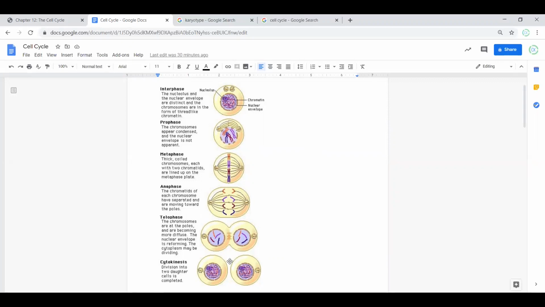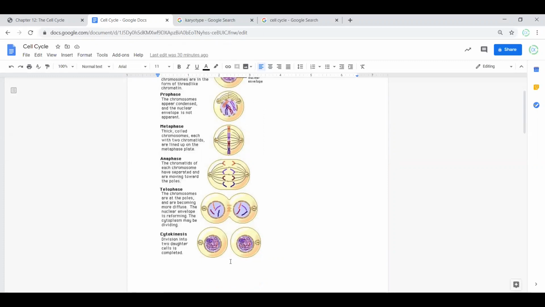One cell gets all the cytoplasm, and the other gets very, very little. And so that one cell that gets a lot of cytoplasm becomes the egg cell, and the rest disintegrate. So that's why cytokinesis is really crucial, because it makes sure that these cells have the same amount of cytoplasm and are the same size.